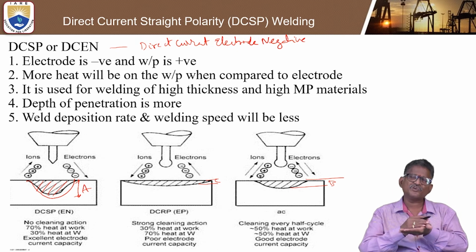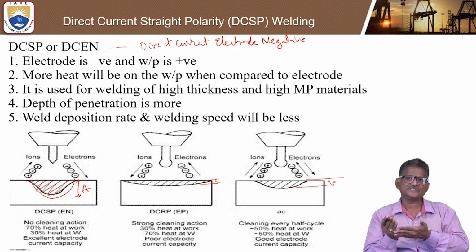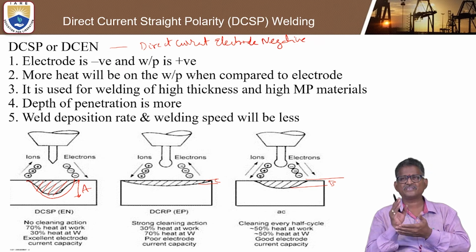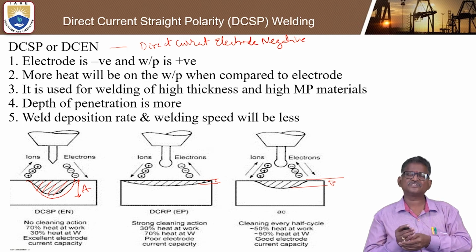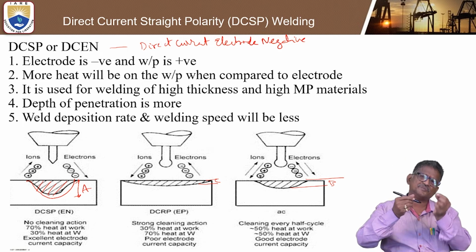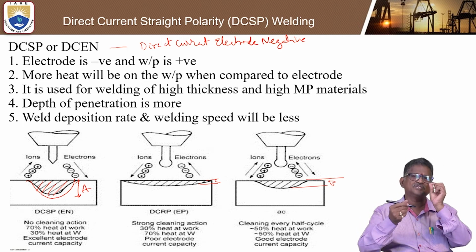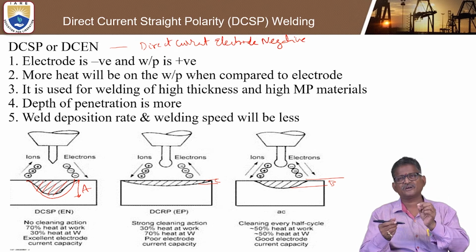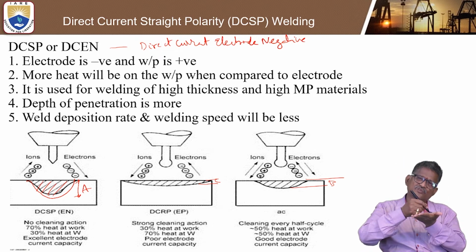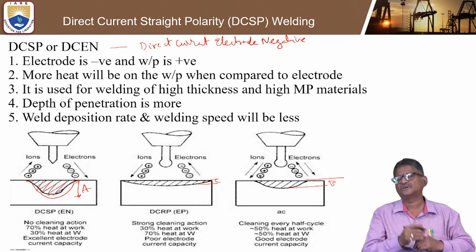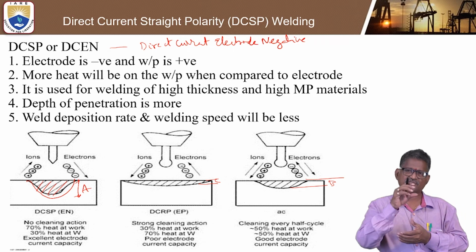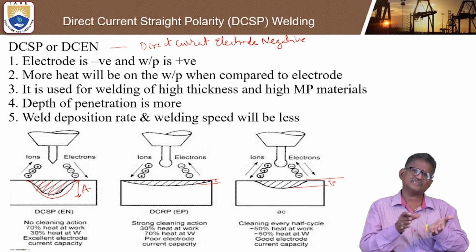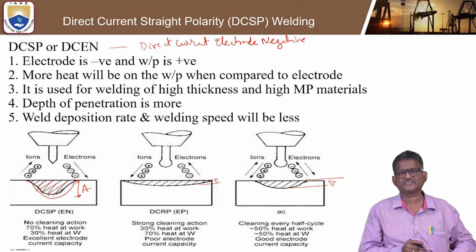Here more heat is generated, so even high melting point metals can be used, so the weld deposition rate will be very small, and the speed also very slow. It is performed slowly, so the joint can be made very effectively.